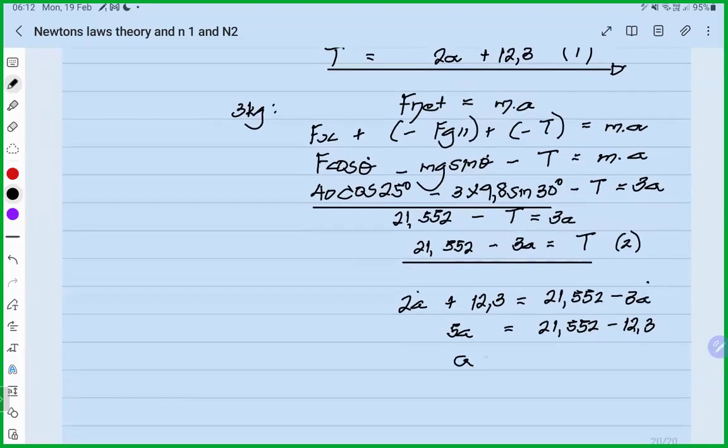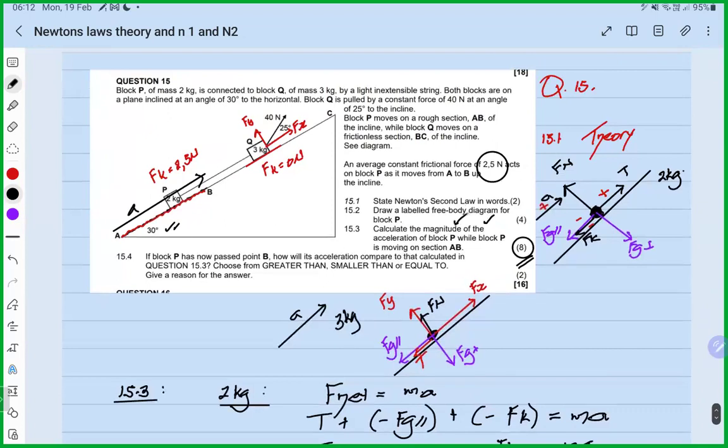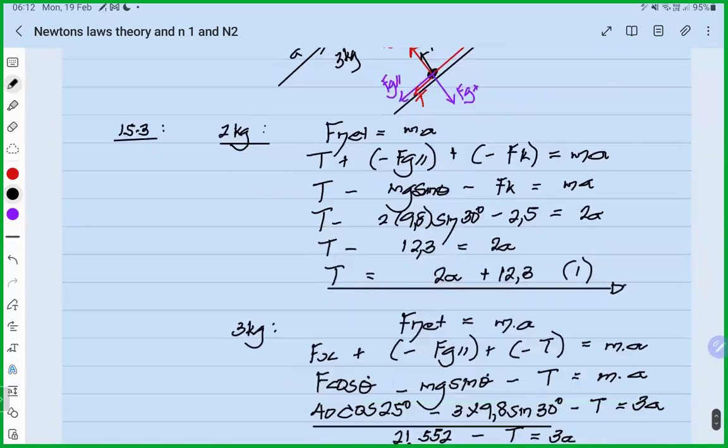Divide that by 5 and you've got your acceleration, 1.85. Right, what did it say? Magnitude of the acceleration, so no direction.